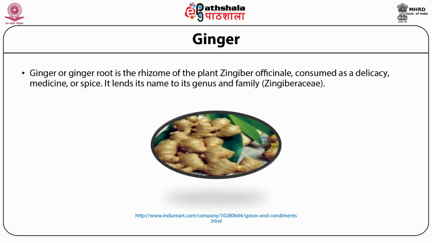Ginger is native to Southeast Asia. It was known in ancient China and India, and from the Middle Ages was used in Europe. However, for centuries, ginger was used as a medicine more than for flavoring food.